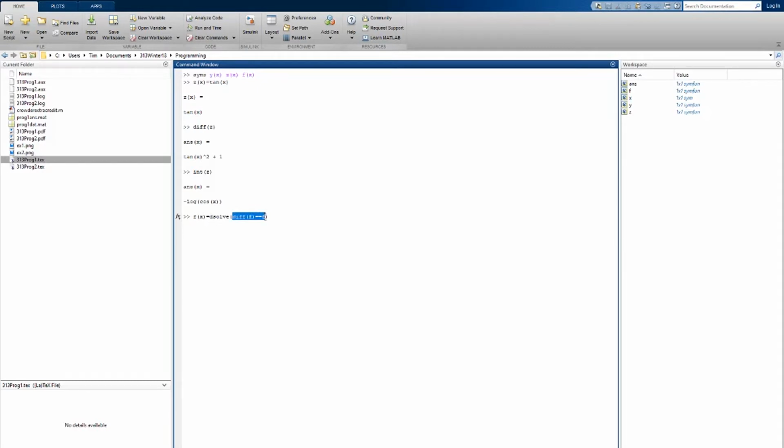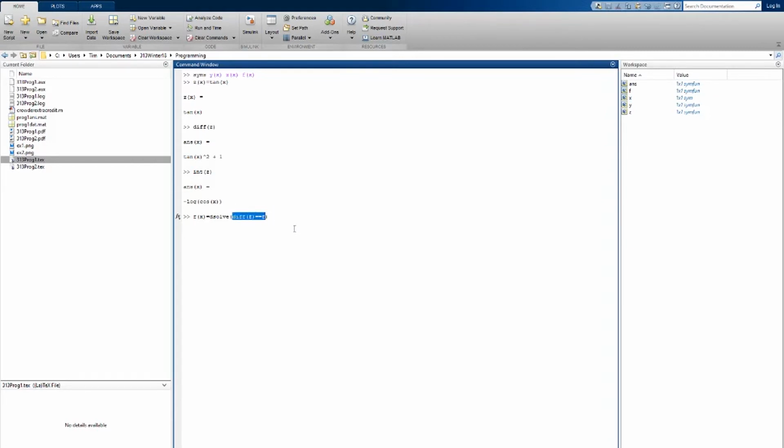Now for the differential equation right here, we needed f to be a symbolic variable for dsolve to recognize this as a differential equation. If you try to use a different function name that you haven't declared as a symbolic variable with an independent variable associated with it, in this case x, then dsolve can't recognize this as a differential equation.